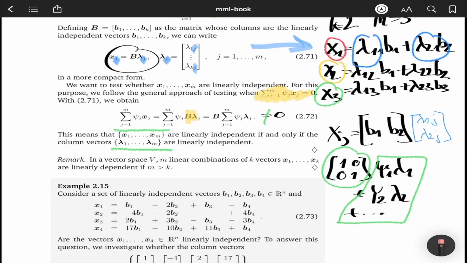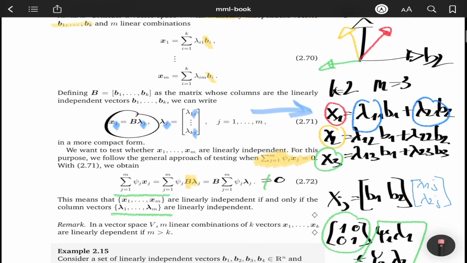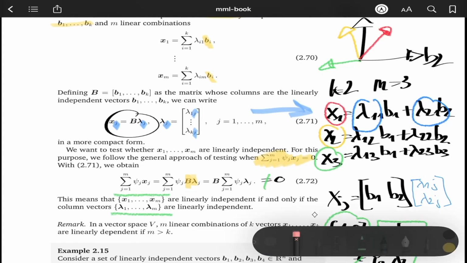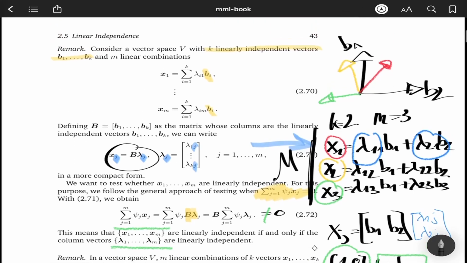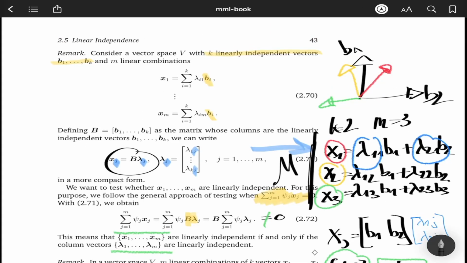Okay, so the last sentence here is, in the vector space V, m linear combinations of k vectors x1 to xk are linearly dependent if m is greater than k. So m is the number of equations, or the number of x we have here, and k is the number of base vectors.